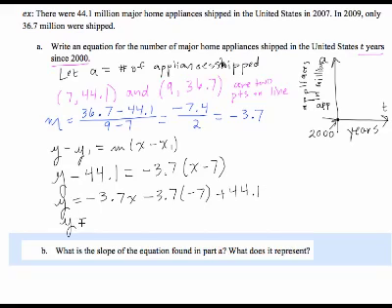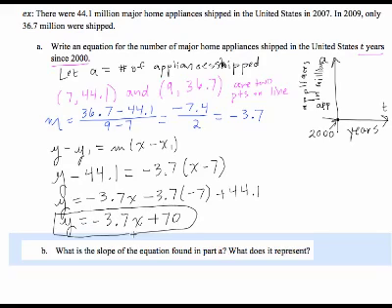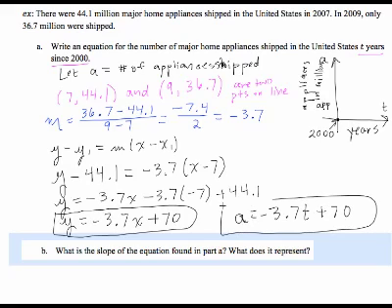So this is y equals negative 3.7x plus 70, the equation of the line. Oops, except I switched over to y's and x's without even thinking about it. So let's write it with a's and t's. So A is negative 3.7t plus 70. That's my real equation.